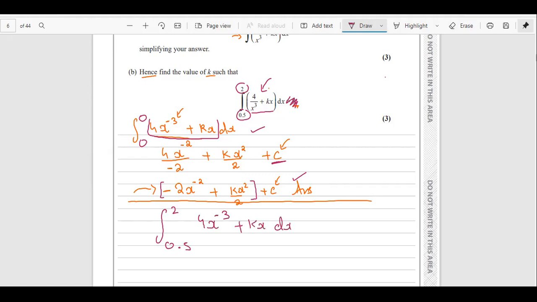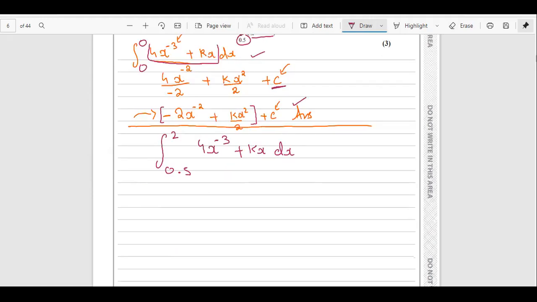Step 1 is to integrate this expression the way we have been doing. Forget about this 2 and 0.5, just integrate it the way we did in the first part. So again, this would be 4x to the minus 2 divided by minus 2 plus k x square by 2.